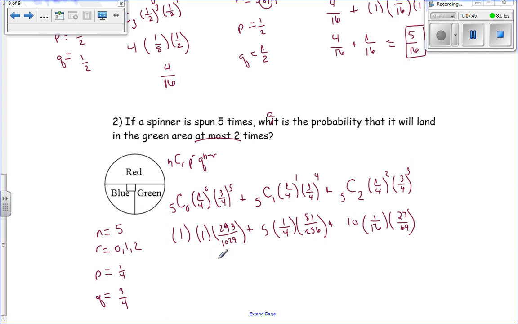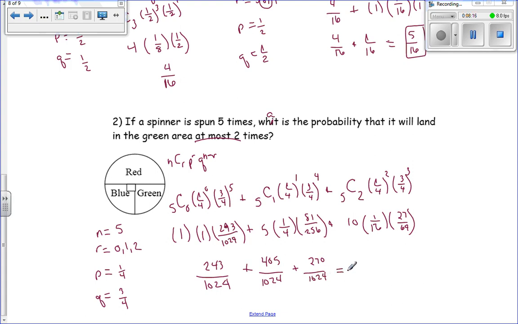So now I just need to multiply my fractions. So it's 243 over 1024, plus, multiply my numerators, I get 405 over 1024, plus, multiply my numerators together, I get 270 over 1024.